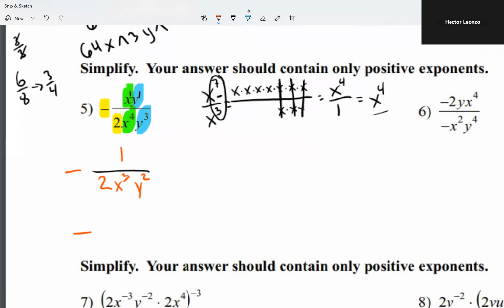Okay? Now that I have a fraction, let me write everything that I have on the top. In this case, just 1. I'm typing everything, no spaces, all together, okay? No spaces. Now, for the fraction bar, I'm going to do this backslash. And then let me type everything that I see at the bottom of my fraction. And then I have 2x to the third, y to the second.